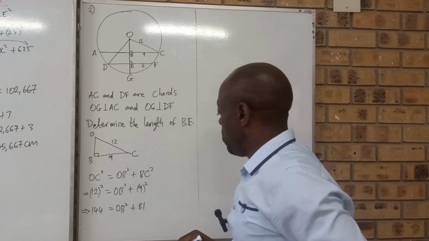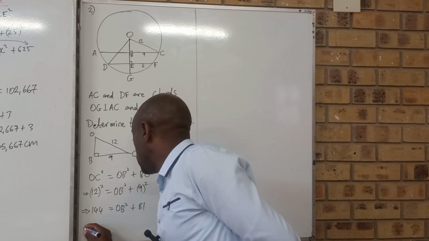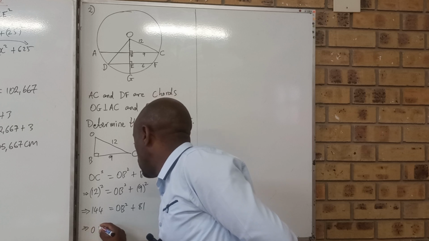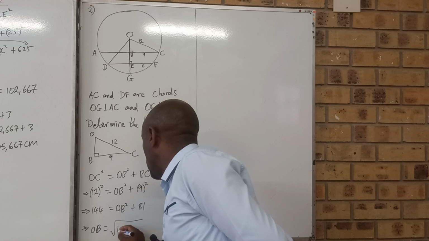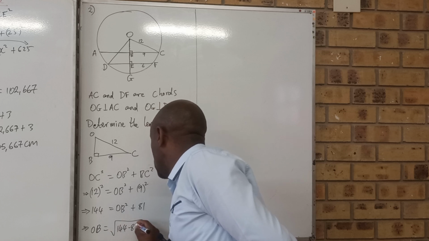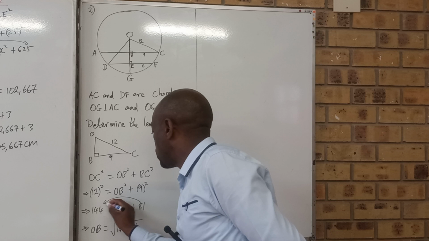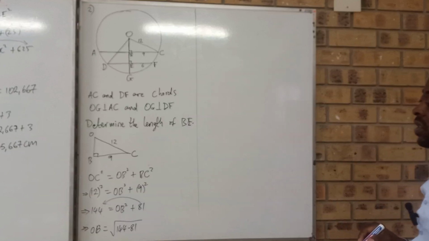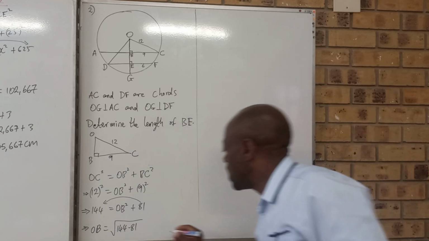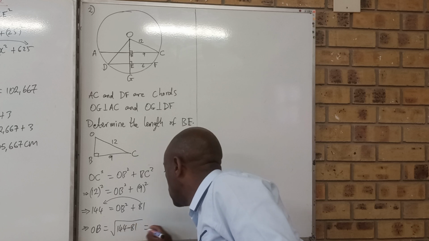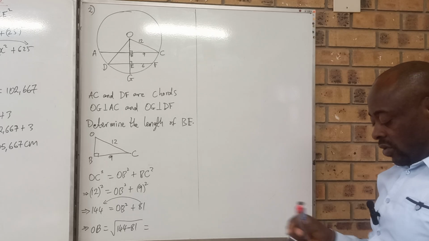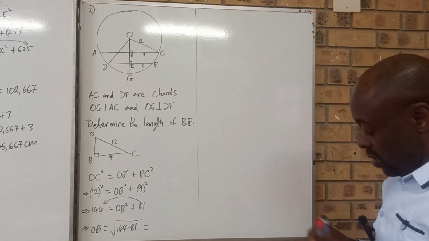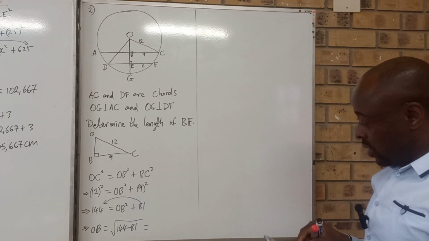So if we make OB the subject of the formula, OB will be equal to the square root of 144 minus 81, since 81 has to cross to make 144, it will be negative. Then if I subtract and take my square root, I get OB.